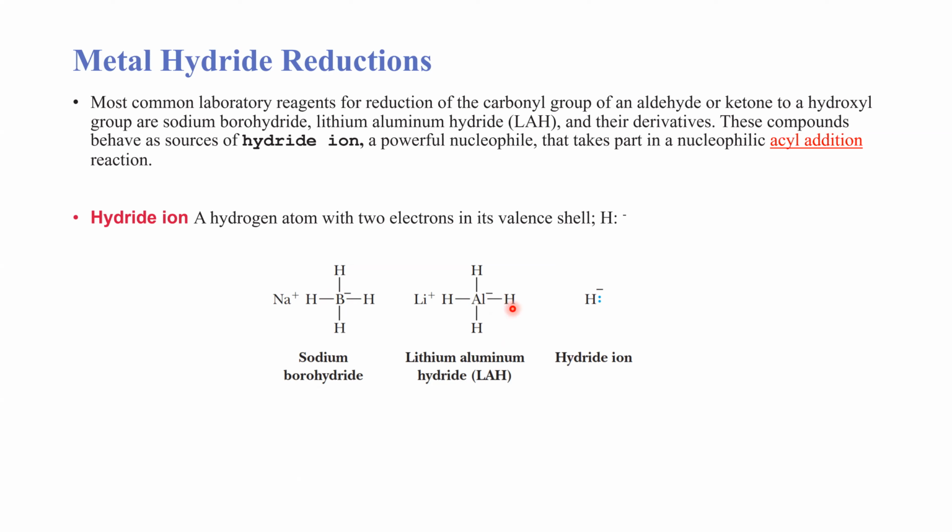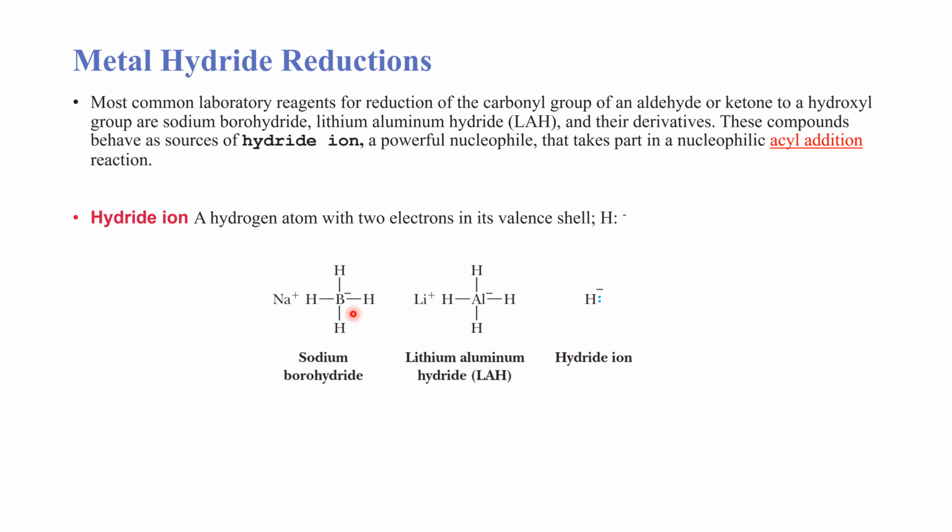If we compare the electronegativity values, hydrogen is more electronegative and is basically the electron source. So that bond will be taken up by the hydrogen, and we will get the hydrogen as a hydride ion. These are the structures of sodium borohydride and lithium aluminium hydride.